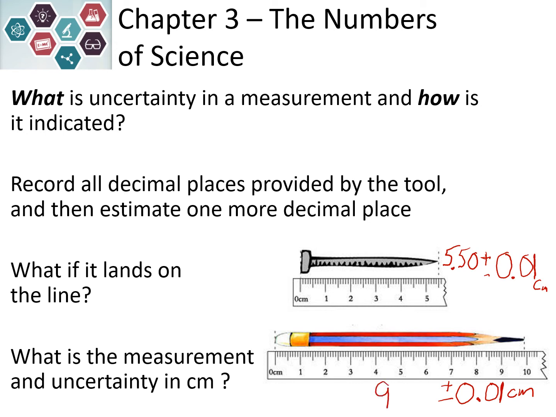For the pencil, we know we're past the 9 centimeter mark. It is on the 0.9 centimeter mark, and we're going to estimate that hundredths place. It appears to be falling directly on that line, so I'm going to include a 0.